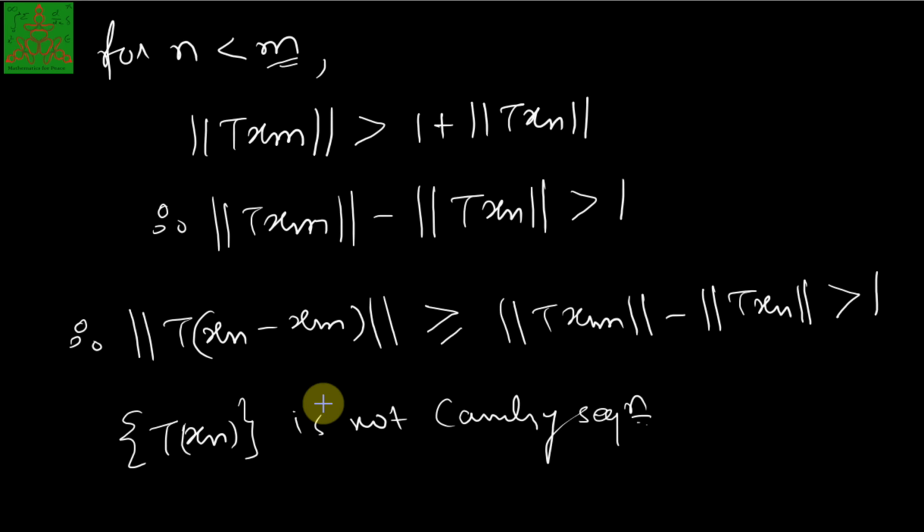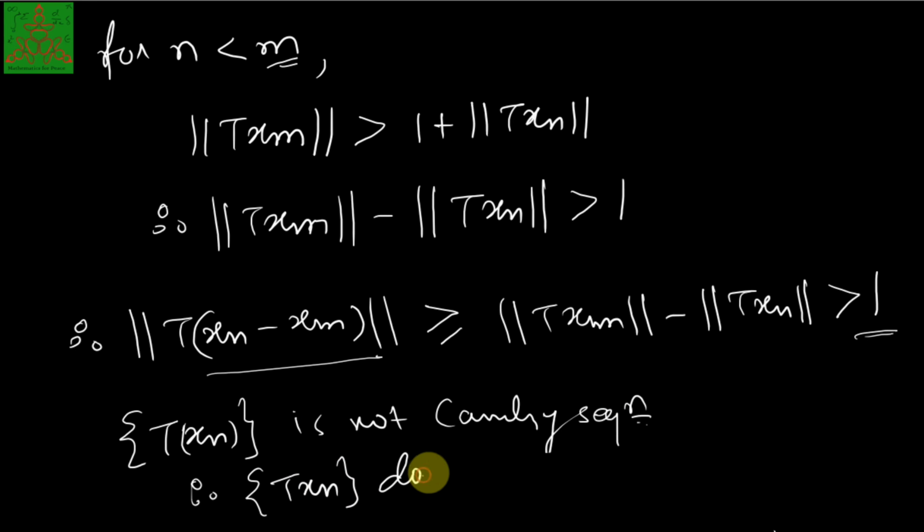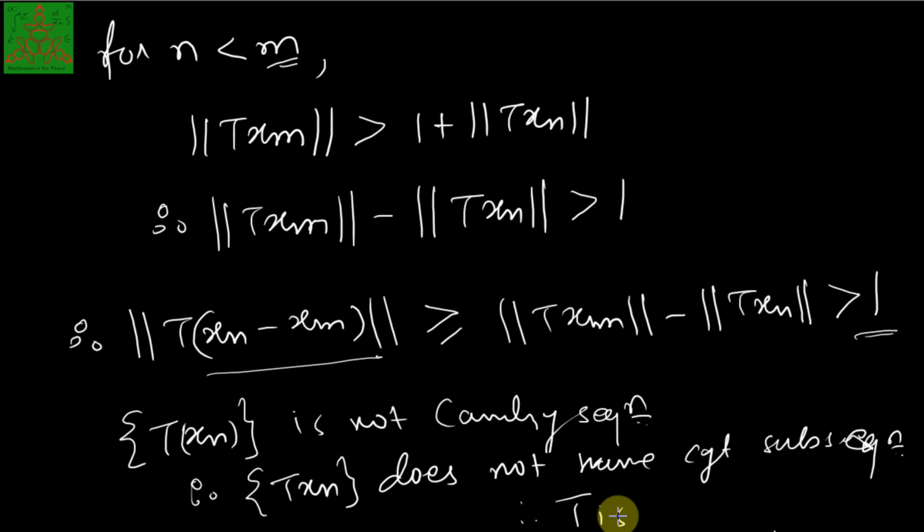Since it is not Cauchy, after some time the difference between any two terms in the sequence is bigger than 1. So it is not a Cauchy sequence, and therefore T of xn does not have a convergent subsequence, hence T is not compact.